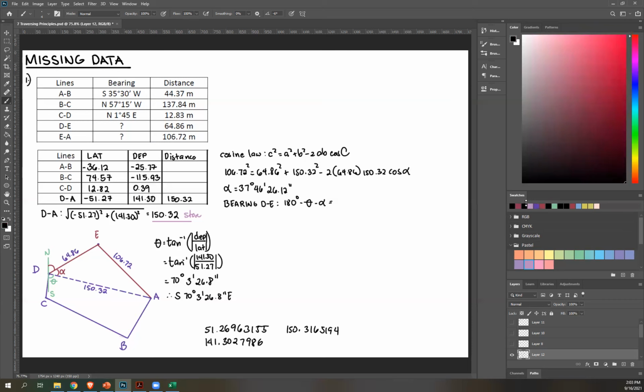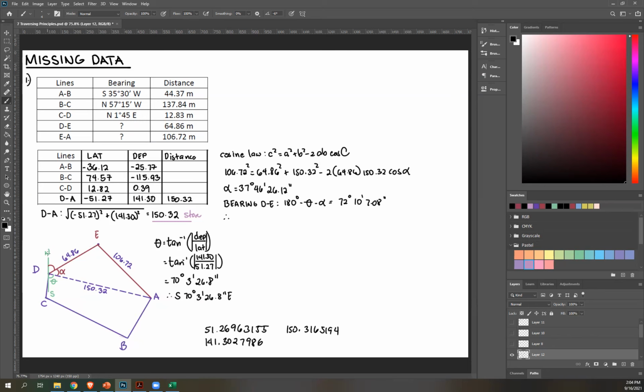Okay. And then, correct, the answer here was 72, then 7.08. And then to get the final bearing, once again, you look at the sign of your latitude and departure for D. You don't have to do that, you just have to look at how you drew this.